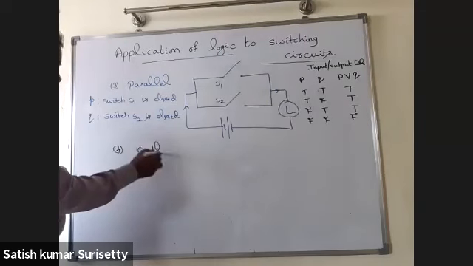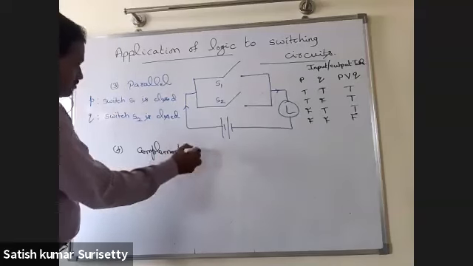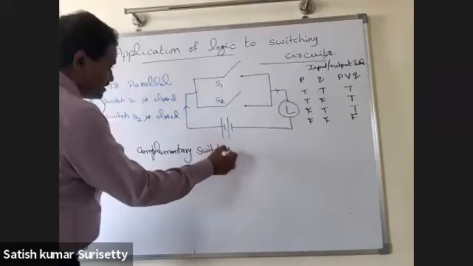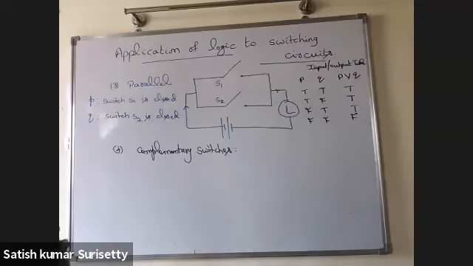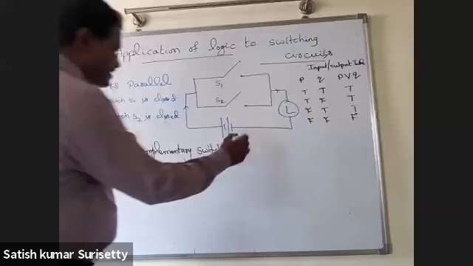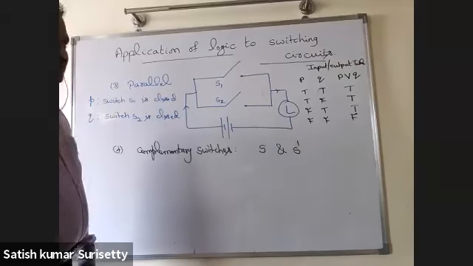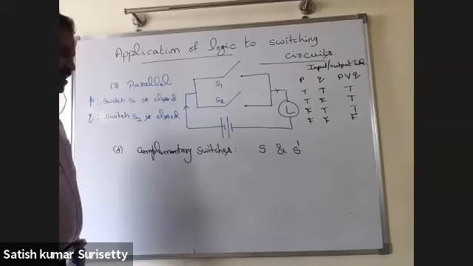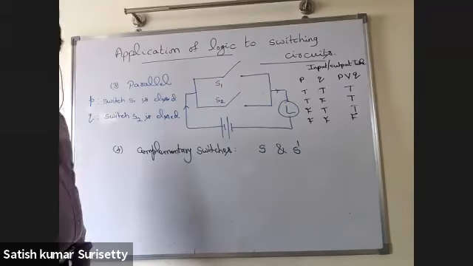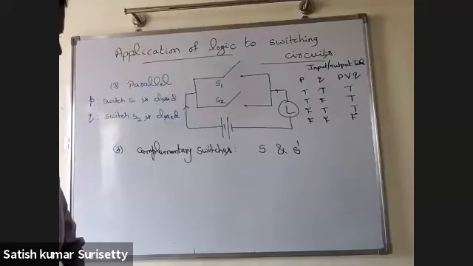Complementary switches. Two switches, S and S dash, are said to be complementary if one switch is open, then the other will be closed.